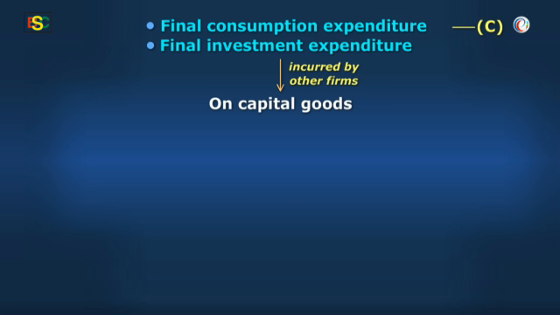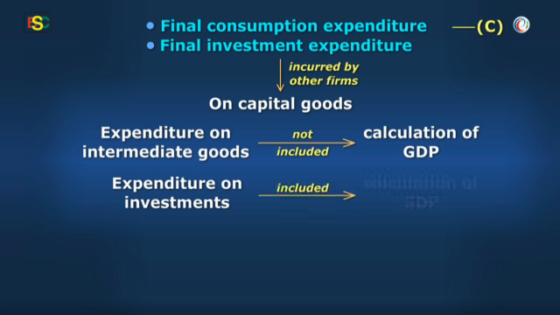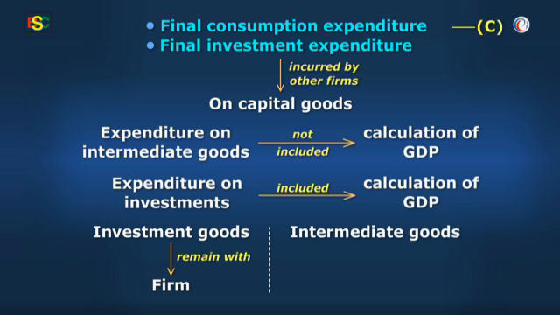Observe that, unlike the expenditure on intermediate goods, which is not included in the calculation of GDP, expenditure on investments is included. The reason is that investment goods remain with the firm, whereas intermediate goods are consumed in the process of production, say I.